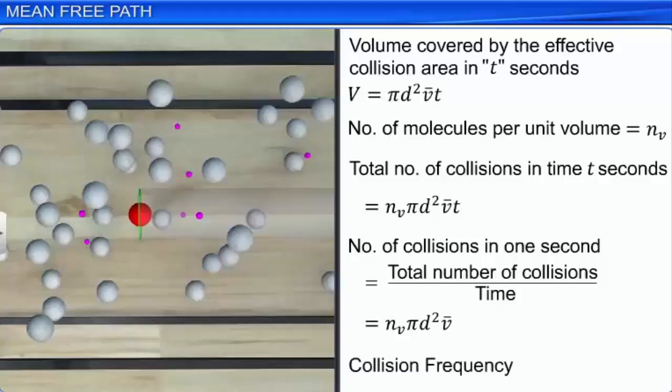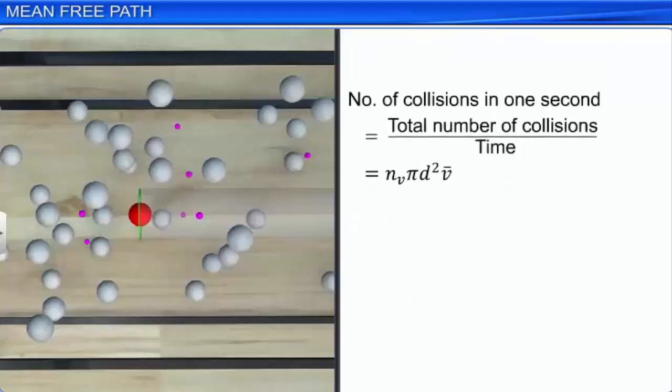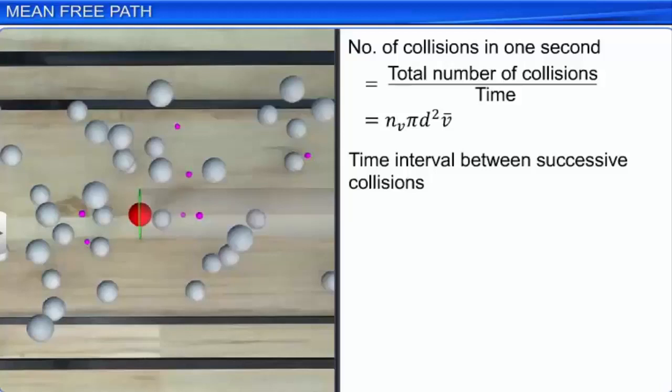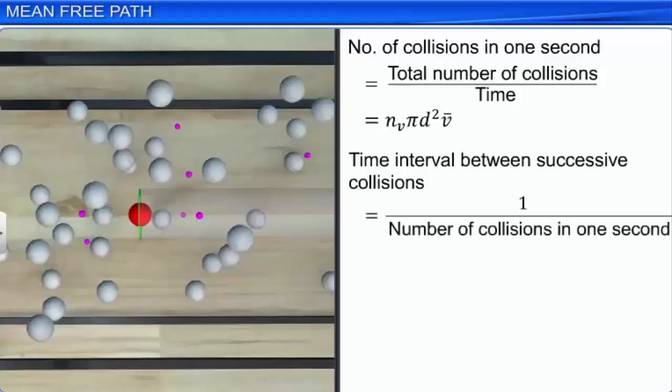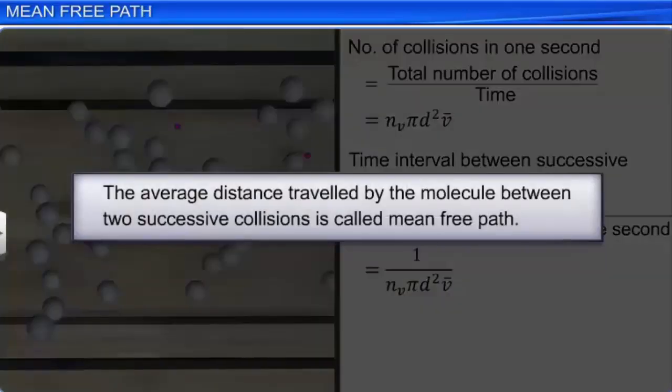The time interval between successive collisions is equal to 1 by the number of collisions in 1 second, which is equal to 1 by nv pi d square v bar. The average distance traveled by the molecule between two successive collisions is called mean free path.